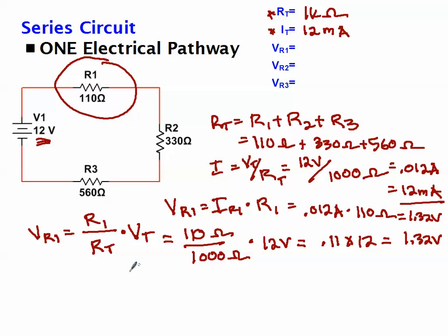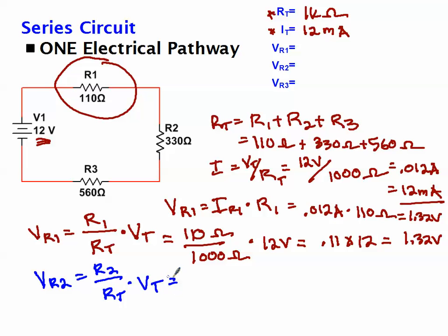Now let's try it for VR2. I'll use the proportional method. And this is actually pretty easy. If you look at it carefully, you'll see that R2 is just 3 times R1. So really, if the resistance is 3 times R1, the voltage drop is going to be 3 times R1 because it's just proportional.